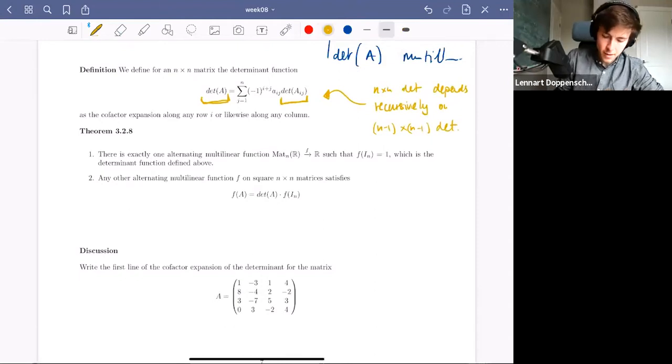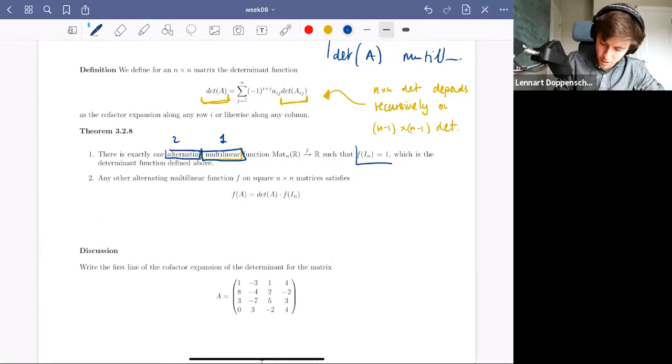The book says in Theorem 3.2.8 that there's exactly one function that satisfies all the things on this wish list: multilinear, that's the first item; alternating, the second item; and then this property, the third item. So the determinant satisfies all of them, and it's the only function that does.